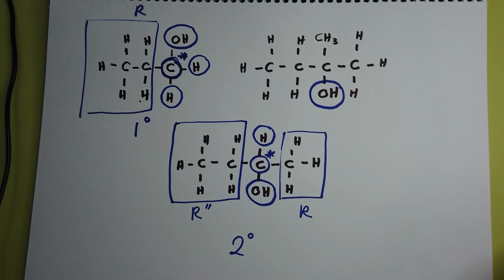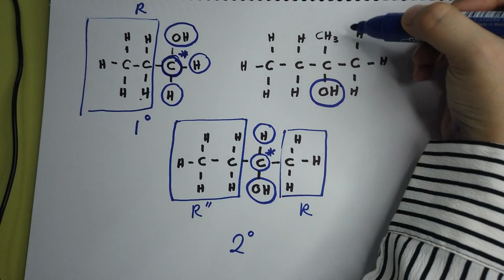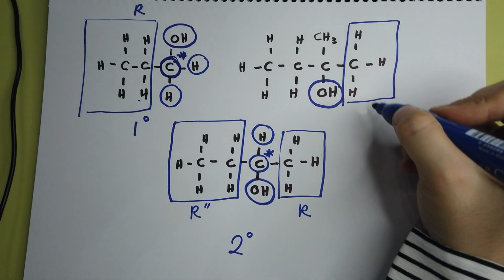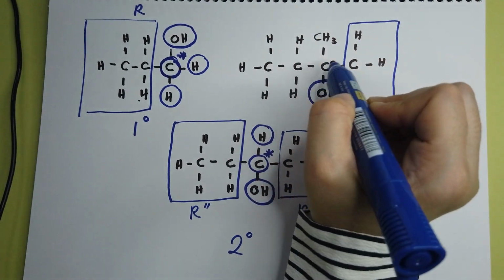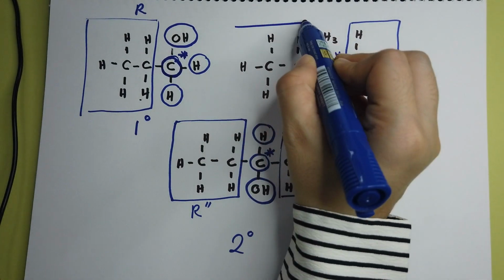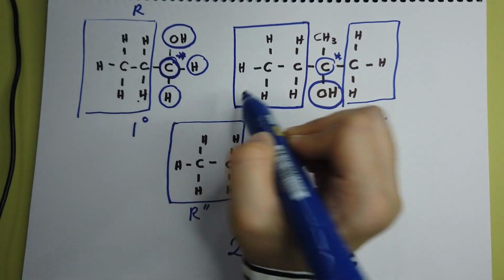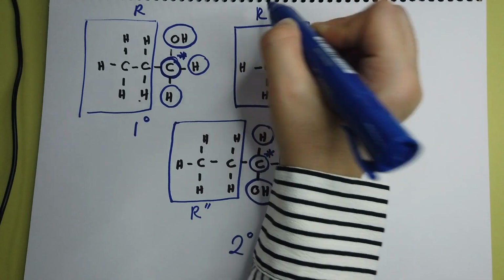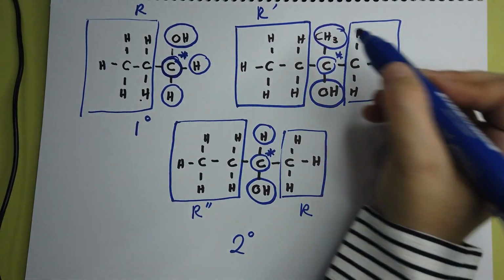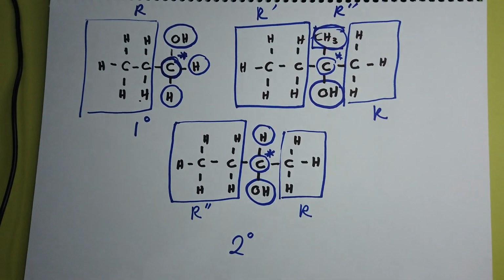What about the third one? Here, the third structure. You can have this one as your R, and then the second one is your R prime, and this one is not H. So this one will be the R double prime.